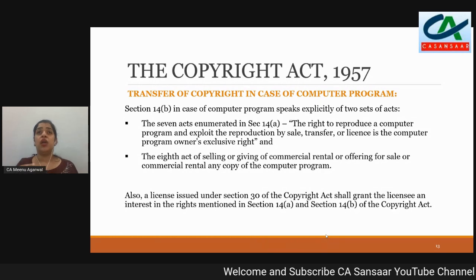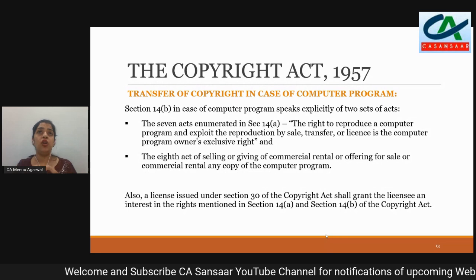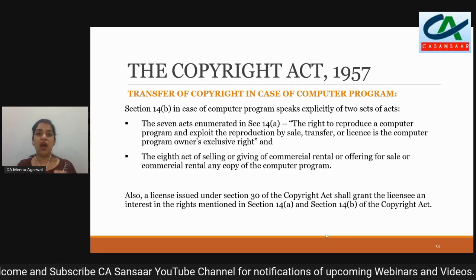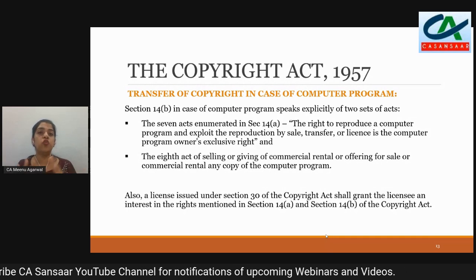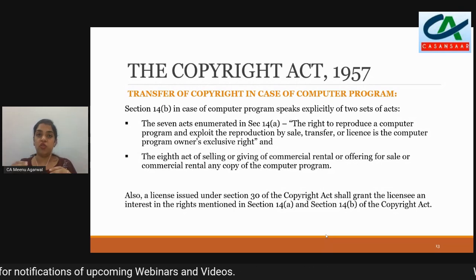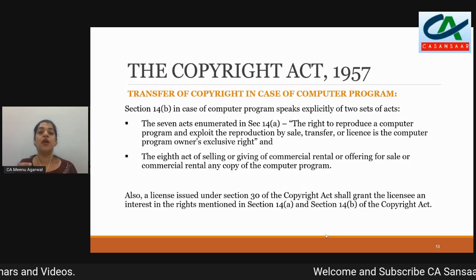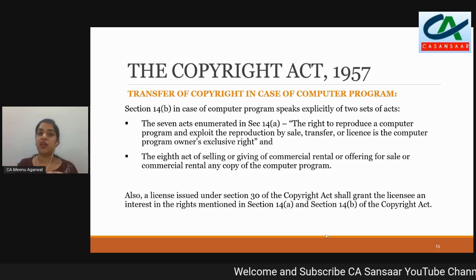But if there is a license which I purchase, and I have not been given enough rights, I have just been given the right to use it as is, or very limited rights so that I can open the software and use it as per my needs, then in that case it shall not be treated as copyright.